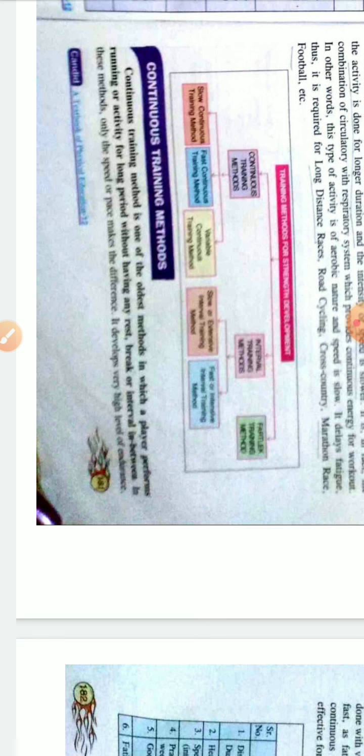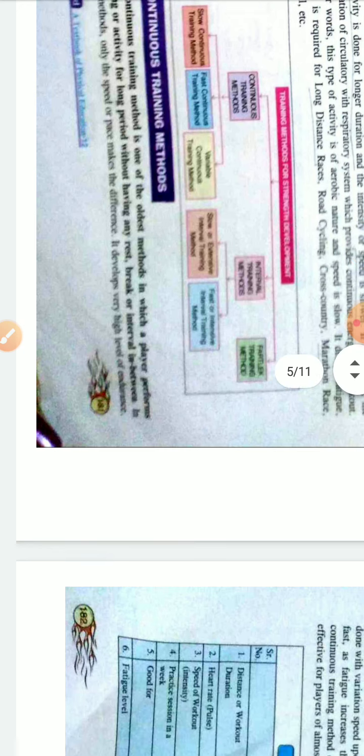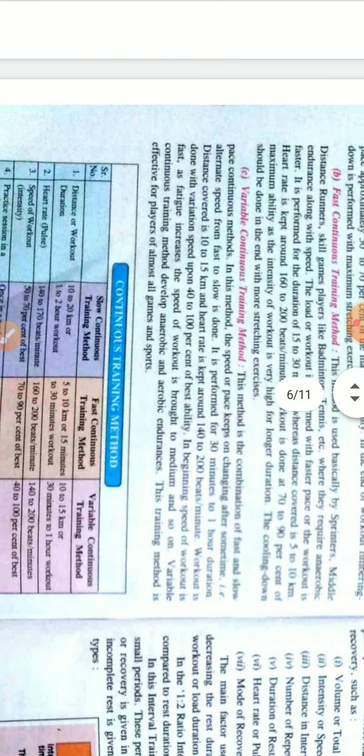In this method, only the speed makes the difference. It develops a very high level of endurance. It is practiced once or twice in a week. And continuous training methods are of three types: slow continuous training methods, fast continuous training methods, and variable continuous training methods.